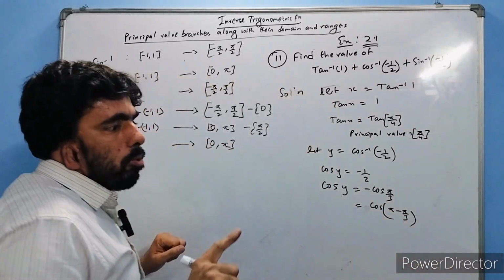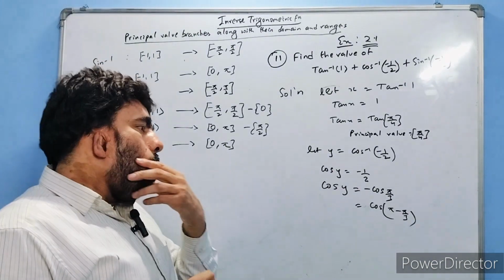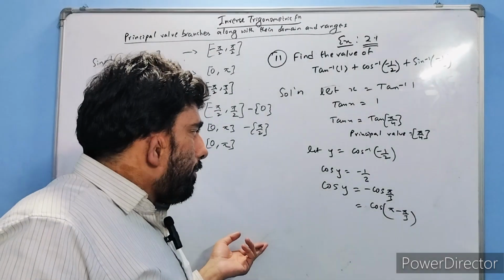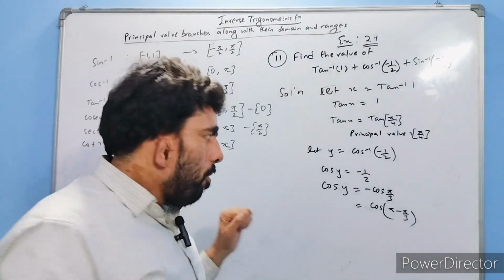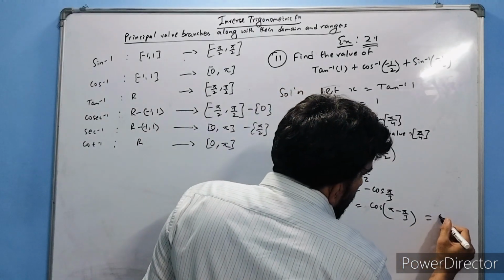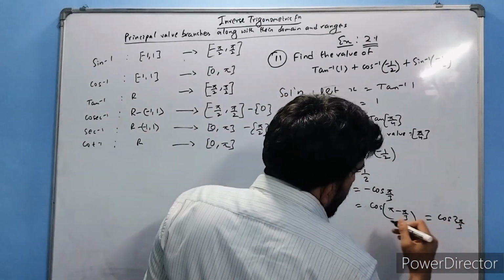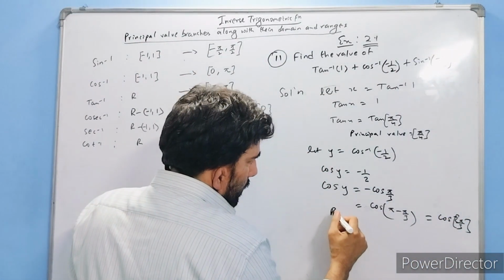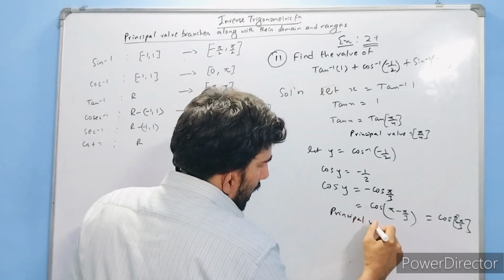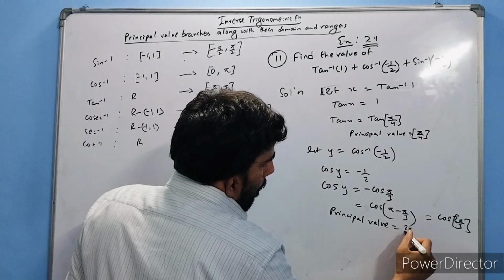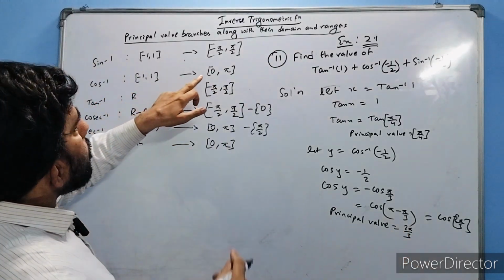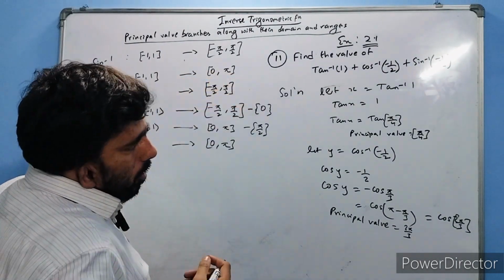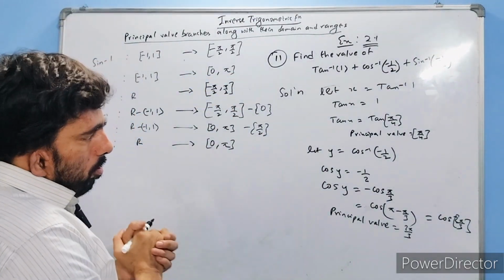We all know that cos is negative only in the second or third quadrant. So it will be cos 2 pi upon 3, and its principal value will be 2 pi upon 3. We know the range of this is 0 to pi.